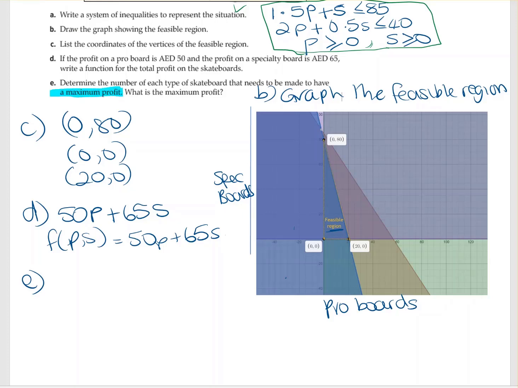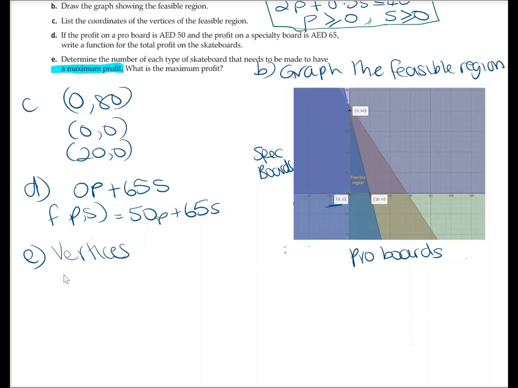So we're going to draw a table. We need to write down the vertices, and we're using P and S. So we have 0, 80, 0, 0, and 20, 0.